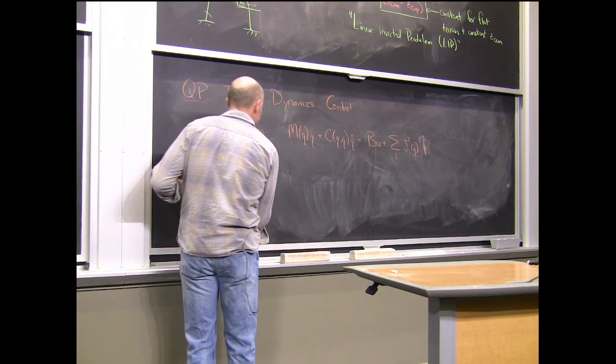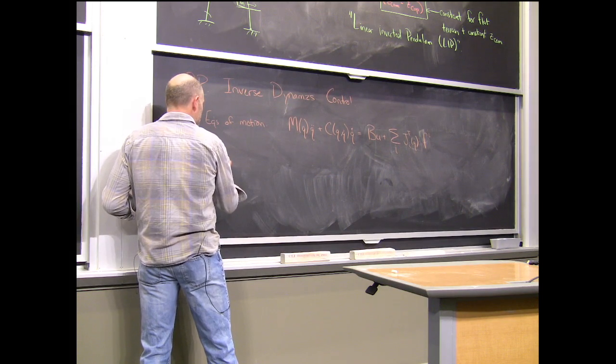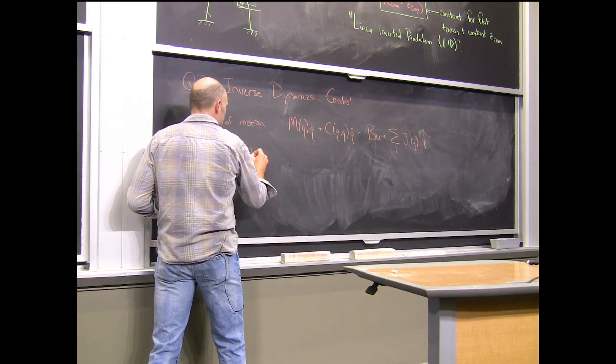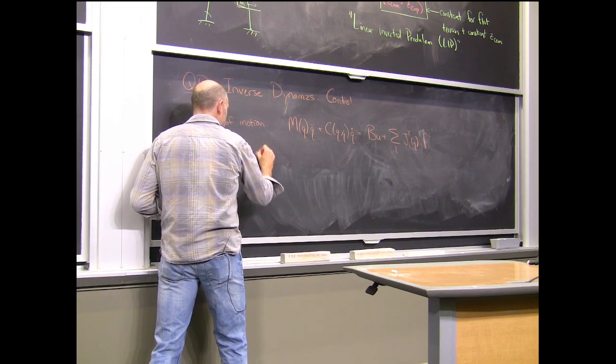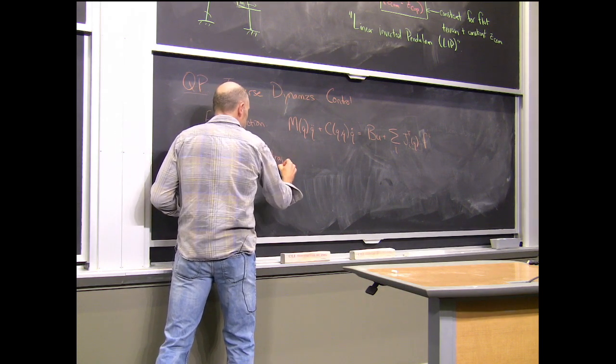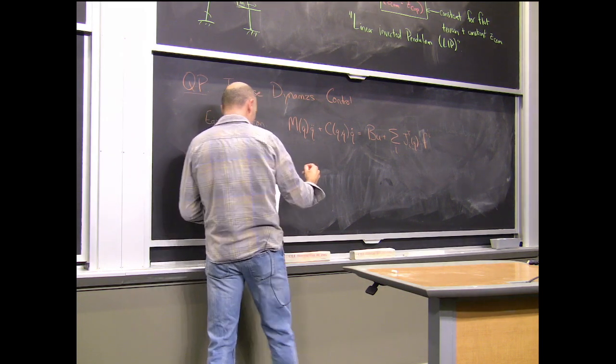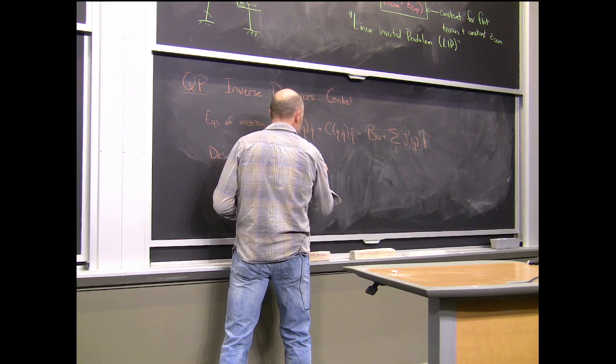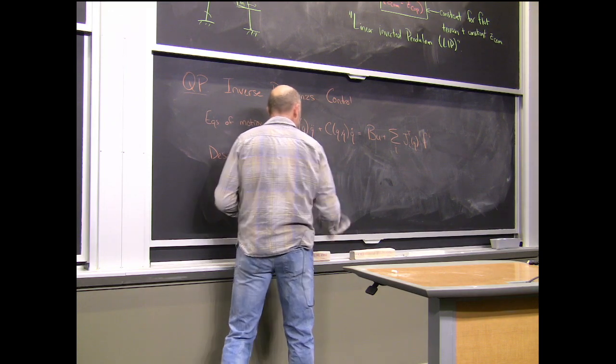Okay, so what we have is a desired center of mass trajectory. Let's say we want to track the center of mass, so I've got P center of mass over time.